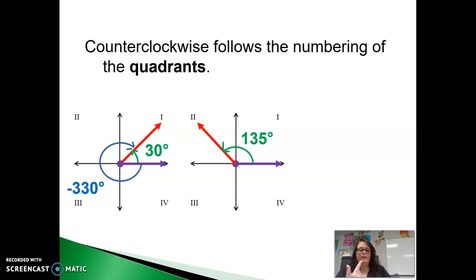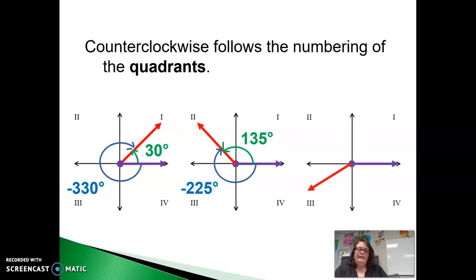Or I can go in the other direction and say 135 minus 360 gives me negative 225. I could have my red terminal side in the third quadrant and say something like that measure is 210 degrees. Or I could do 210 minus 360 and say that it's negative 150 degrees.